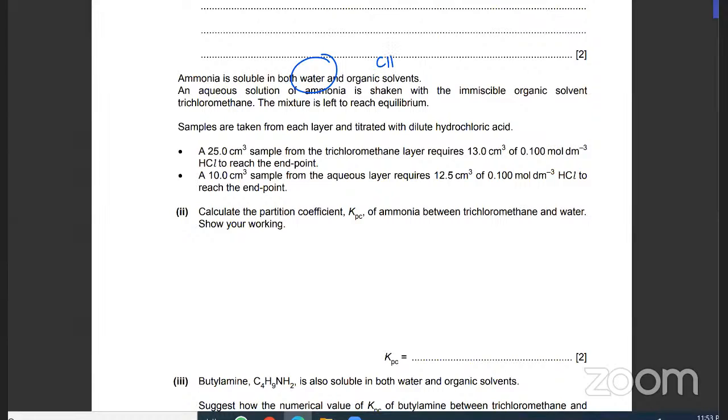That is CHCl3 in this case. So let's assume that this is my beaker and it has aqueous ammonia. So ammonia is initially in water. So let's say this is water.